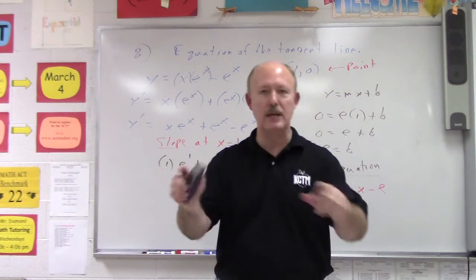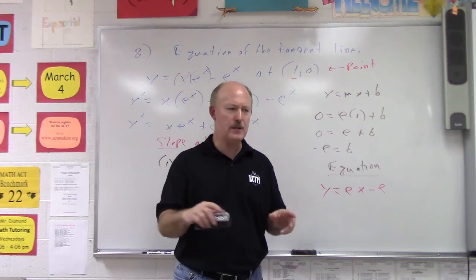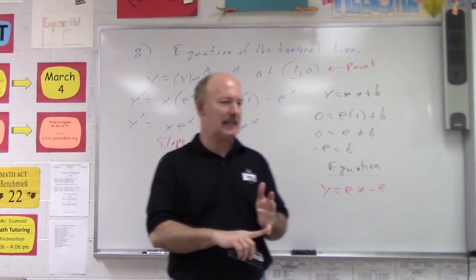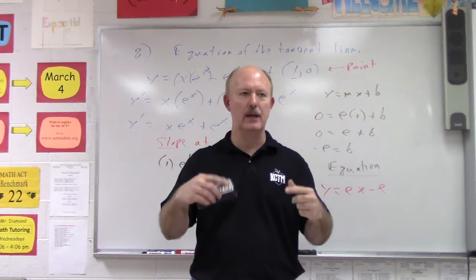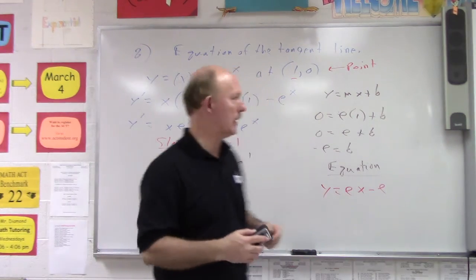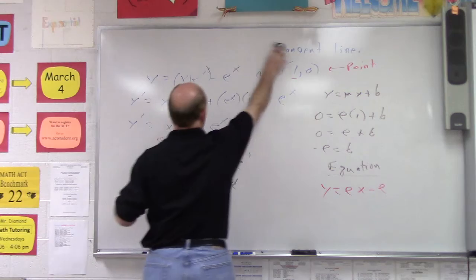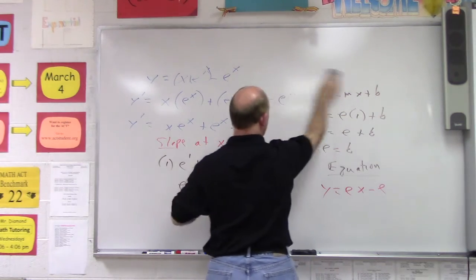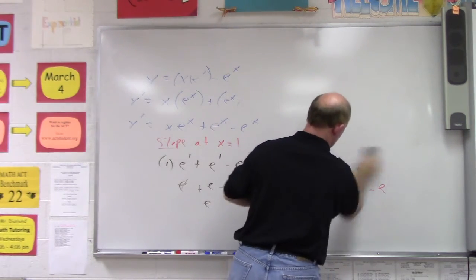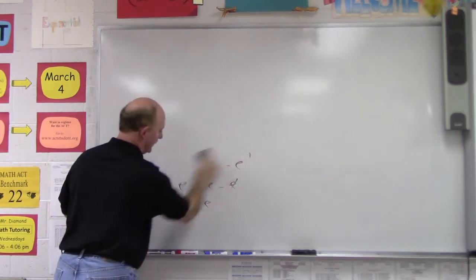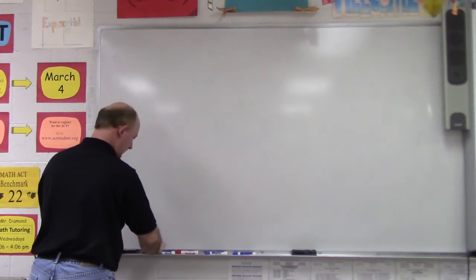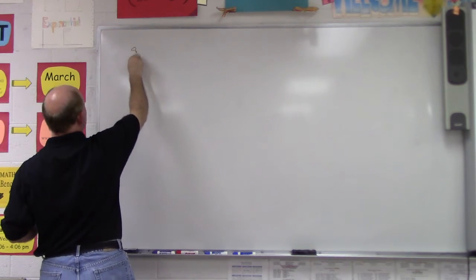Well, let's take it a step further. Rather than just writing the equation this time, let's see if we can find a minimum or maximum, the relative extrema of a particular function. So how do we go about finding a minimum or maximum? Let's do number 9.